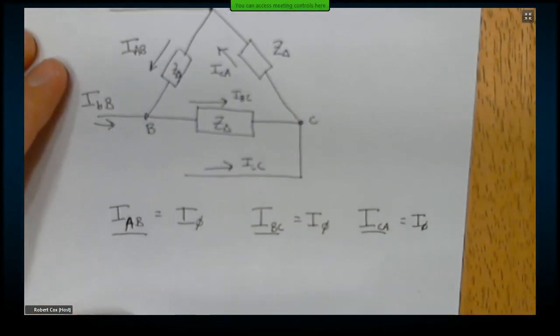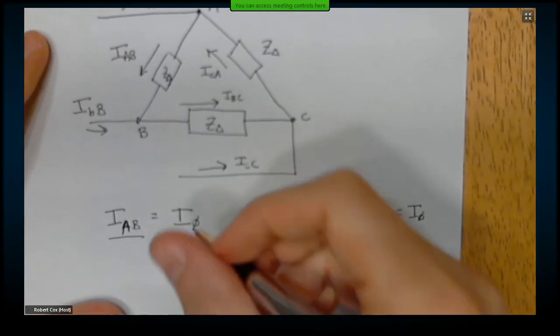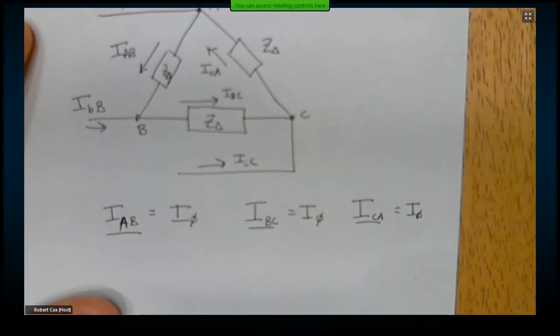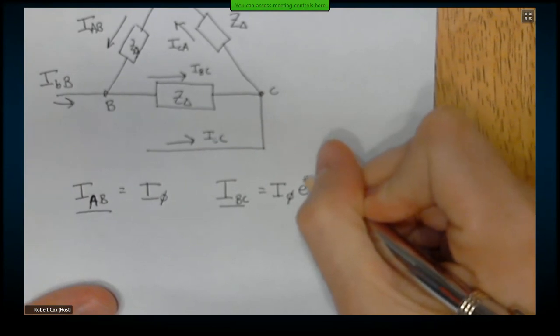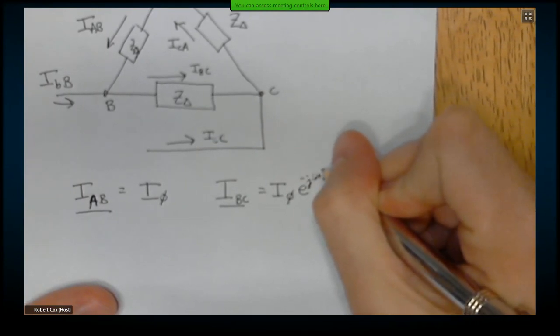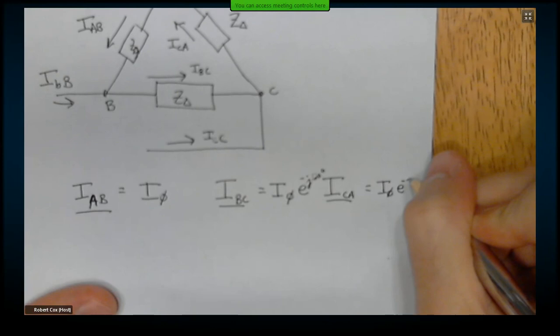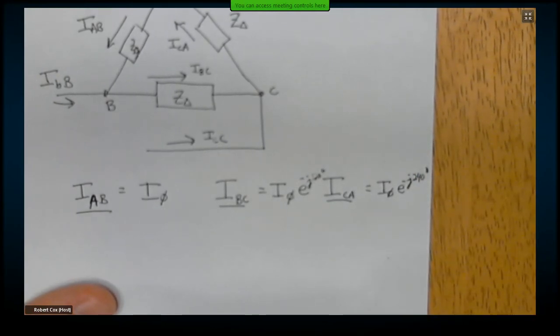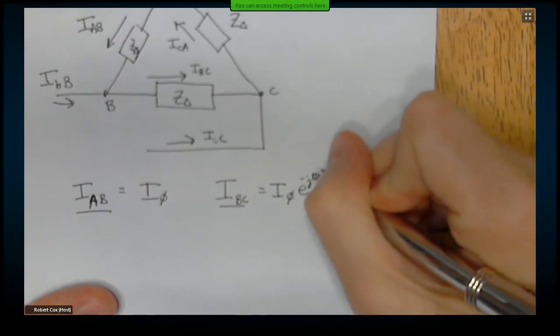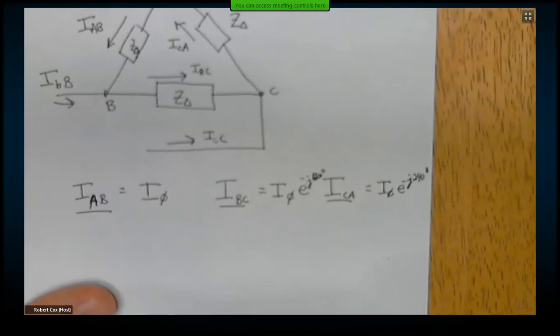And I know that they should each be 120 degrees out of phase with each other. So if this one has an angle of 0, this one has an angle of negative 120, and this one has an angle of negative 240, or positive 120, however you want to look at it.